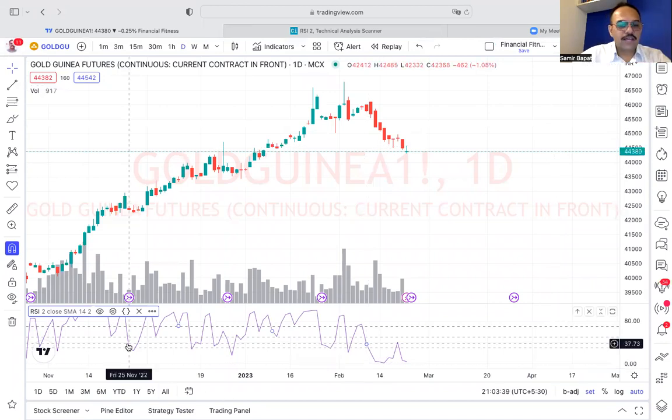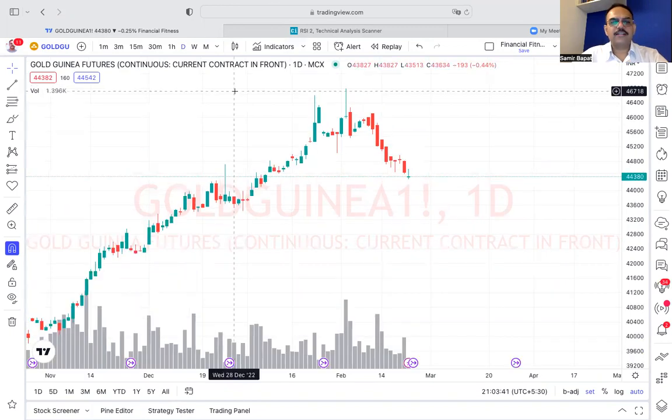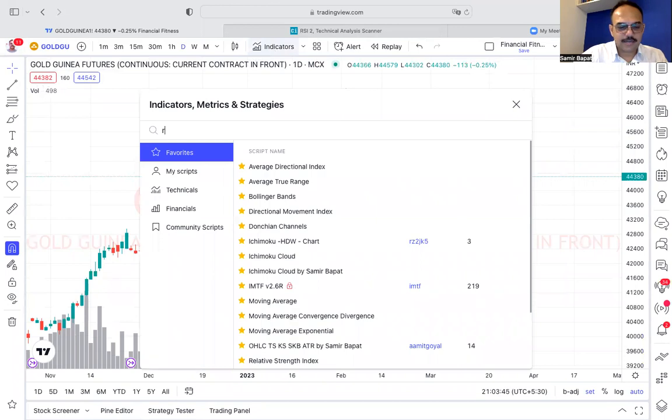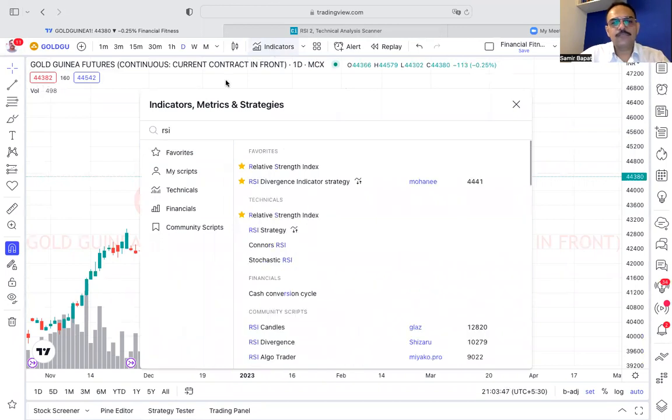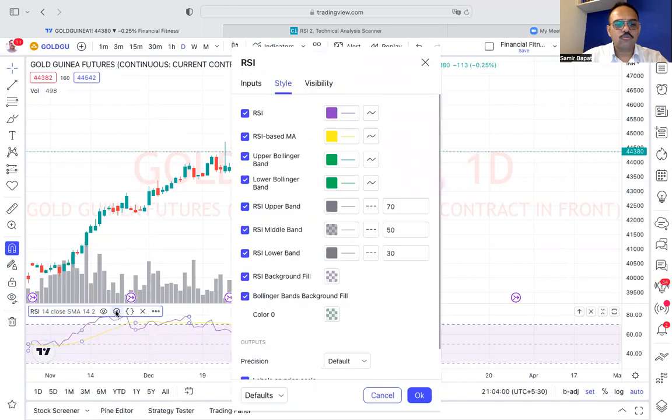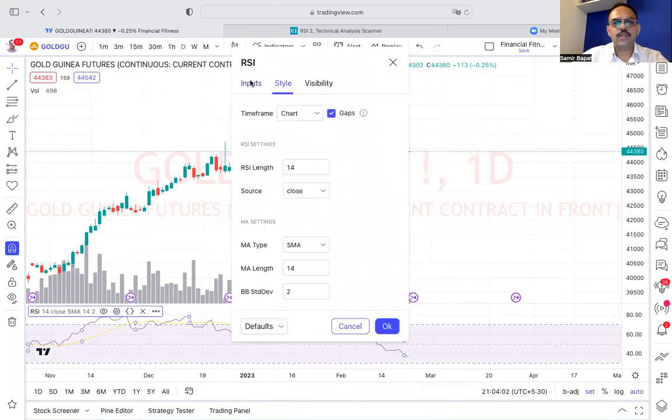Just pay attention. Go to indicators. I pressed on indicators, then typed RSI. We have this relative strength index. I selected this RSI. Then in the RSI, on the left hand corner, go to settings, go to inputs, change RSI length to 2.